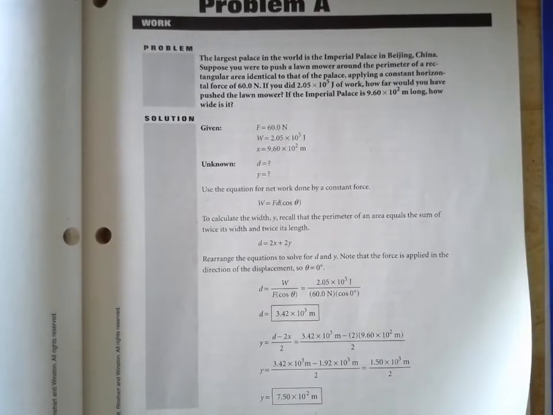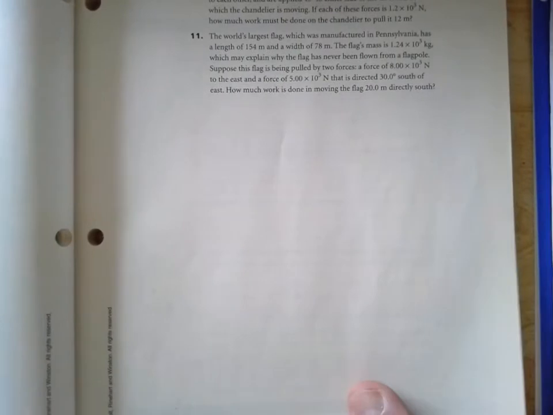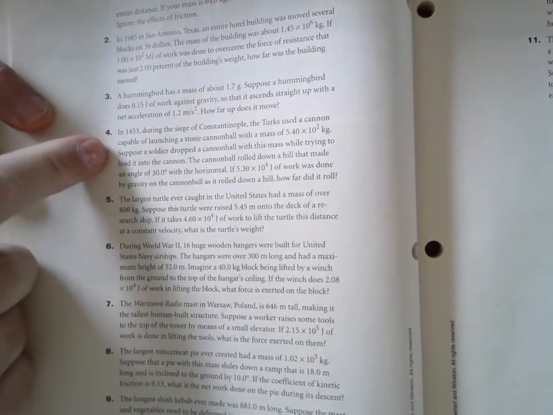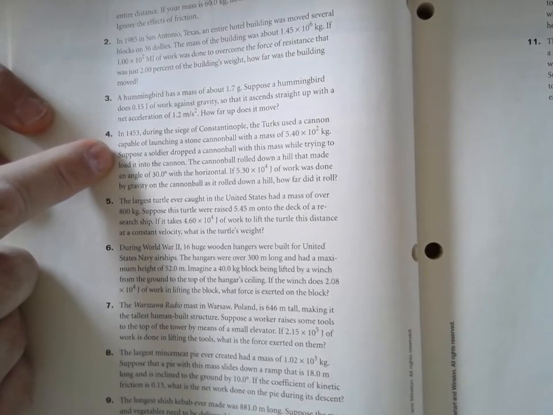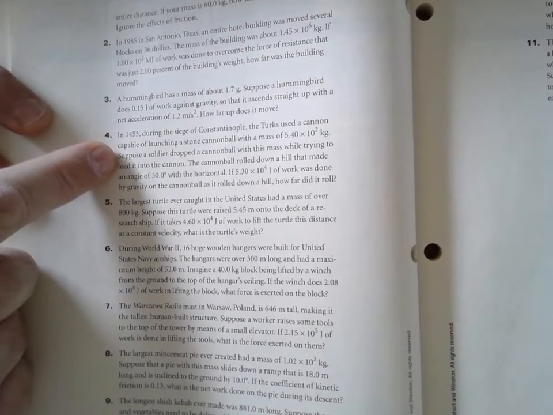So what I plan to do is look at problem number 4 here. It seems to be more complicated than most. So here it is right here. It says, in 1453, during the siege of Constantinople, the Turks used cannon capable of launching a stone cannonball with a mass of 5.4 times 10 to the 2 kilograms.